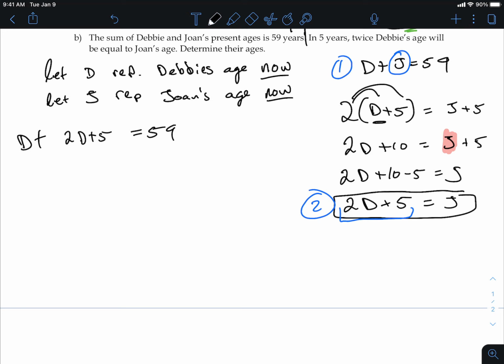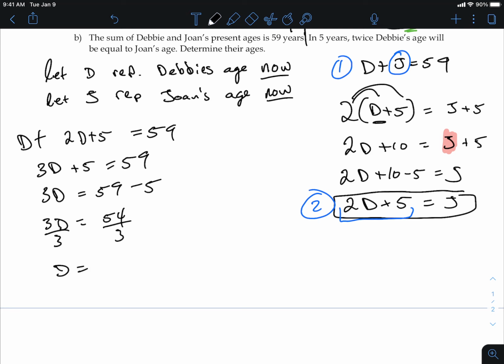So D plus 2D is going to be 3D plus 5 is equal to 59. 3D is equal to 59 minus 5, which is 54. Divide both sides by 3.